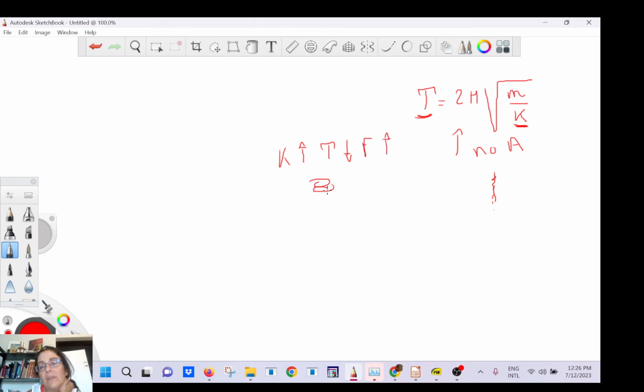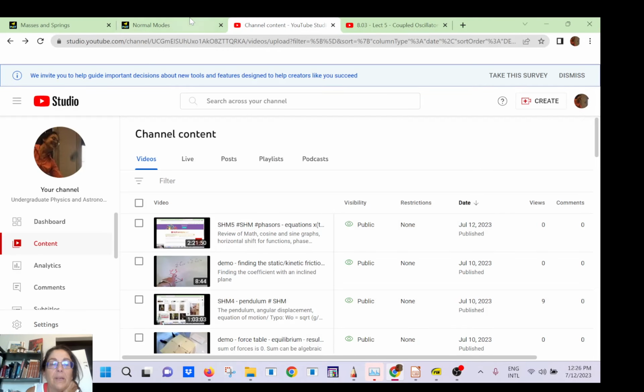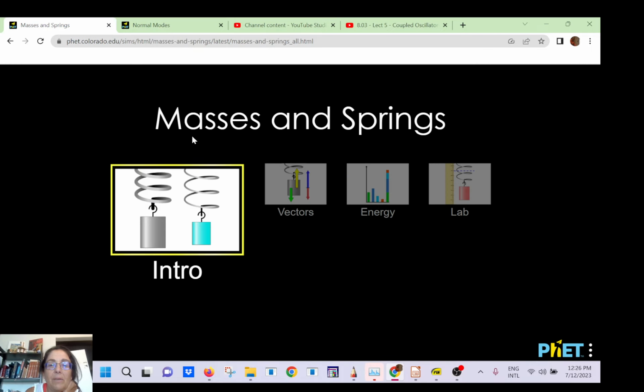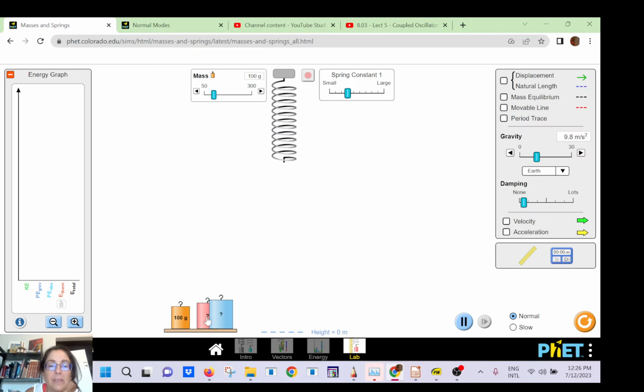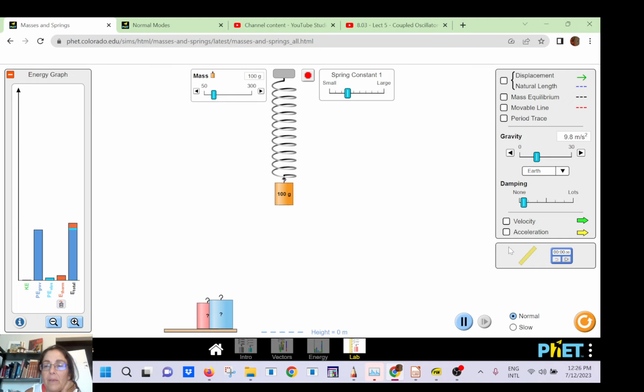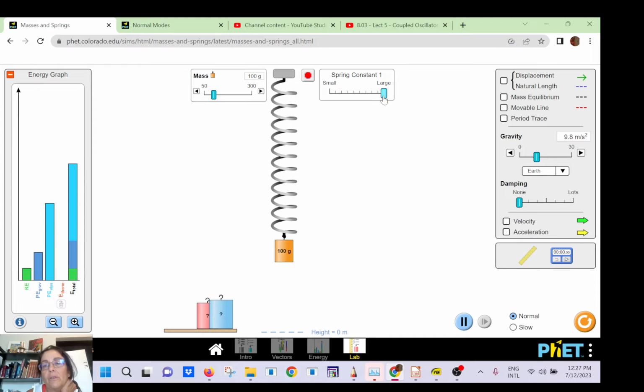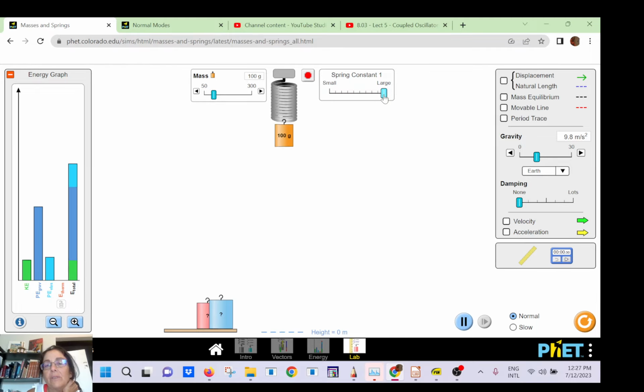It makes sense if you have a very stiff spring, and I think I showed you that last time. For the same mass, you see here it's oscillating back and forth. If you increase the spring constant, you see the frequency increases because you have more recoil. So the restoring force will be larger.